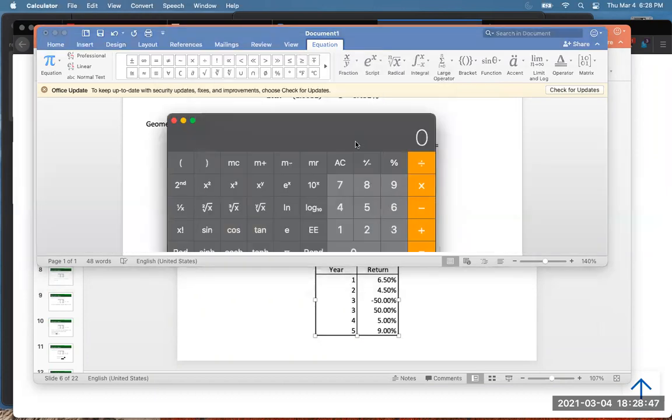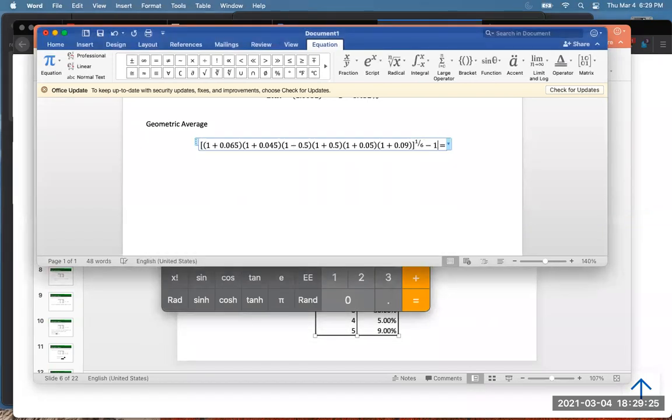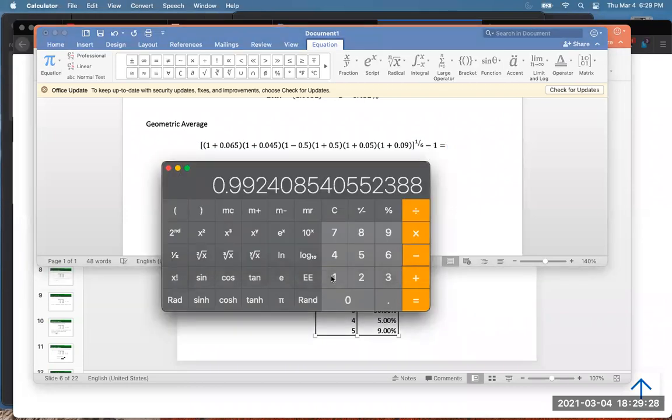So on our calculator: 1.065 times 1.045 times 1 minus 0.5 is just 0.5, times 1.5, times 1.05 times 1.09. Oh boy. Raise it to the power of 1 divided by 6. And I forgot the minus 1 again. Minus 1.